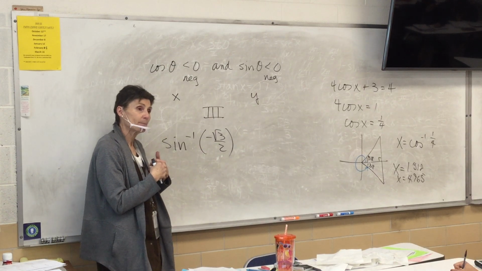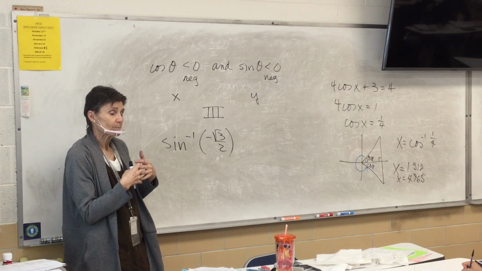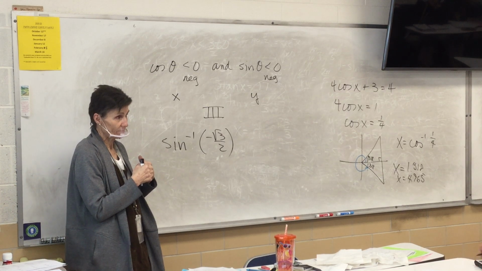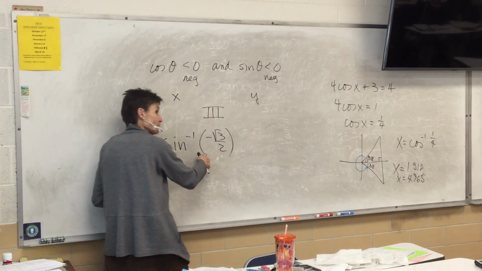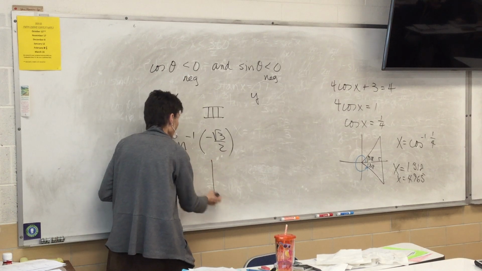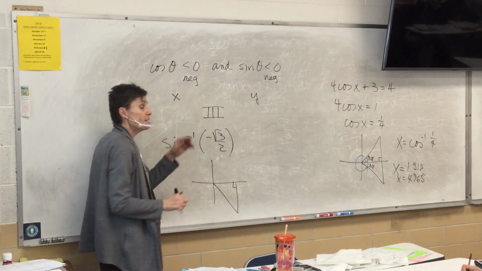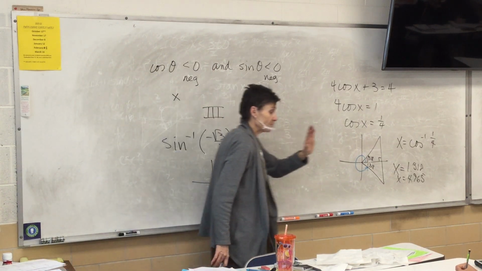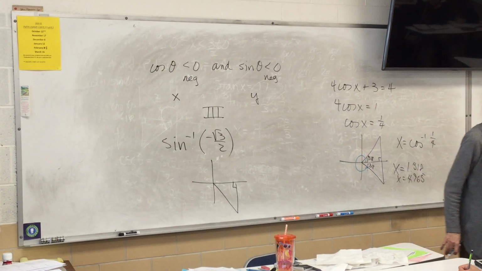Does anybody remember, or can you look it up in your notes, where the inverse sine is negative? Abby? Quadrant 4? Yes. So whatever angle we're talking about is one in quadrant 4. Those are things you just memorize. That if they're positive, they're 1. That's easy. Anything's 1 if it's positive.